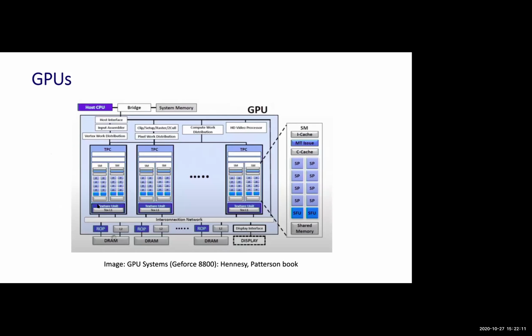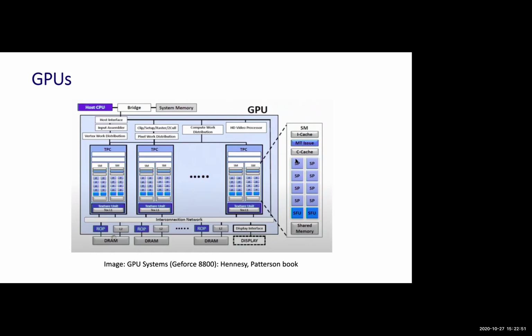In each individual SM we have a shared memory. If we are running a process, at the low level threads will be running it on these scalar processors. If the thread running on the first block wants to communicate with the thread running on the last block, it communicates through the shared memory.